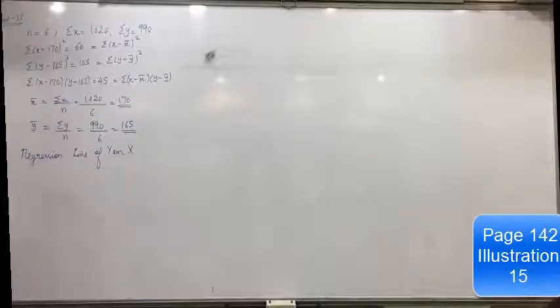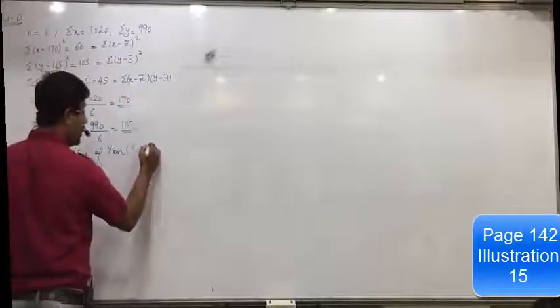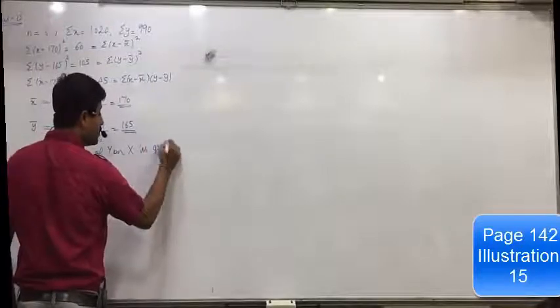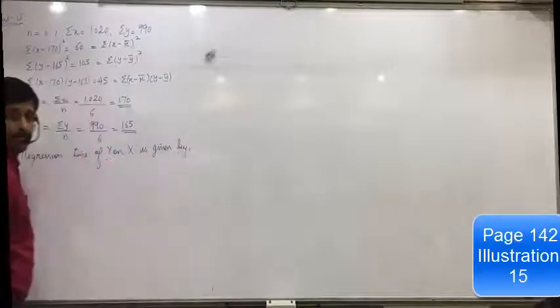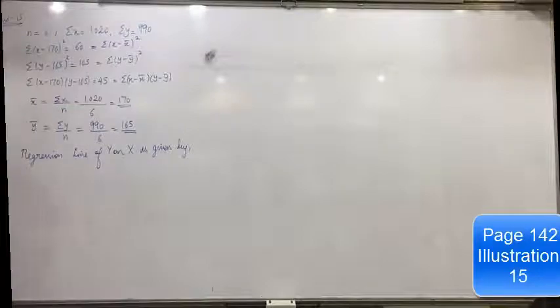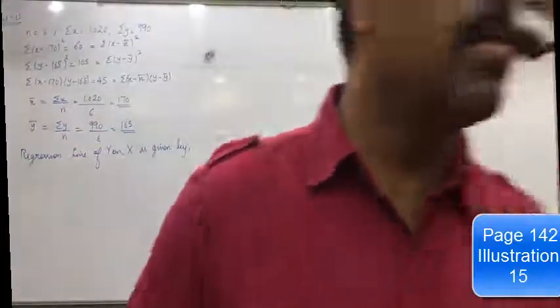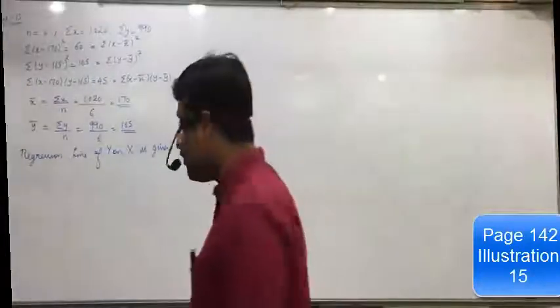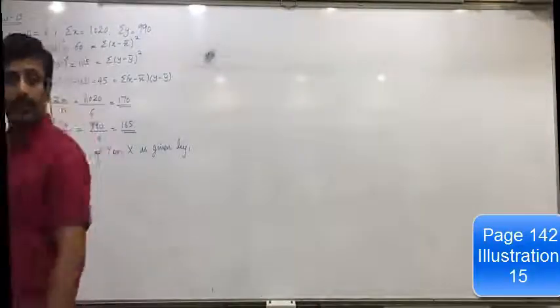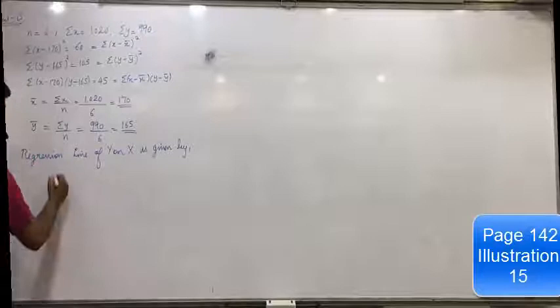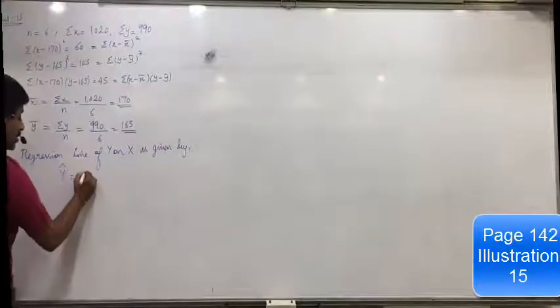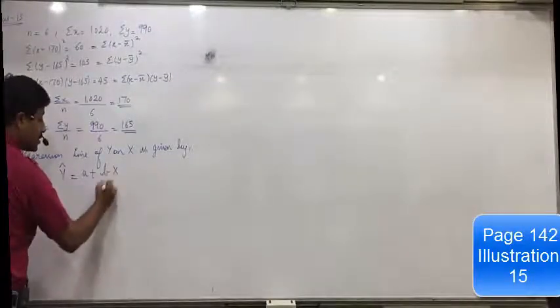So B is given by b equals to. Is your textbook open or what? Check it in the previous solution. Did we write b equals to? Y cap equals a plus bx.